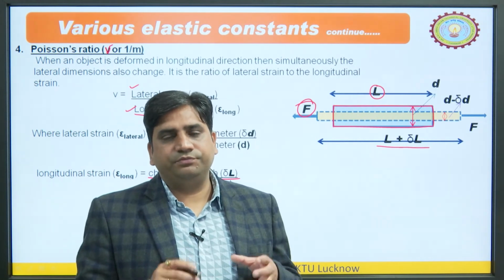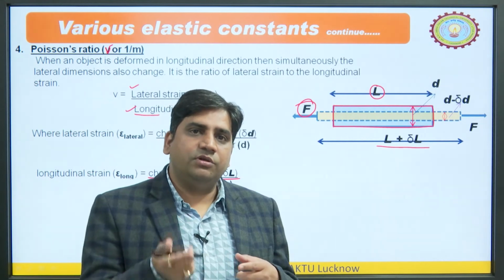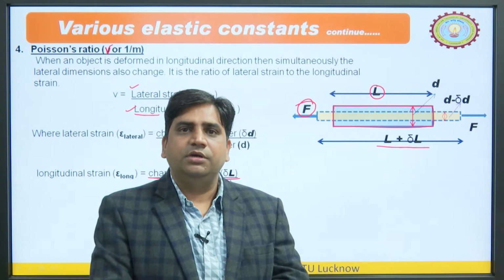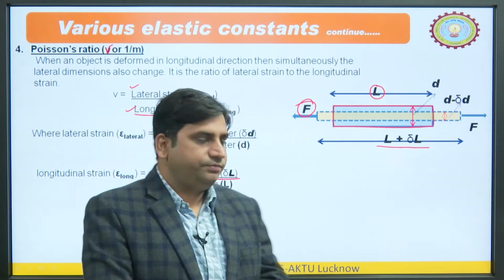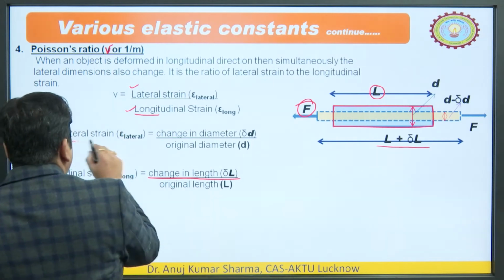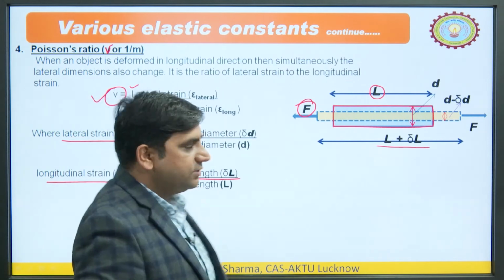If we have 3 dimensions, there would definitely be a third, which will also be a lateral dimension in another direction, x or y, depending upon the sign convention or notation. If we calculate this lateral strain and longitudinal strain, we can easily calculate the Poisson's ratio.